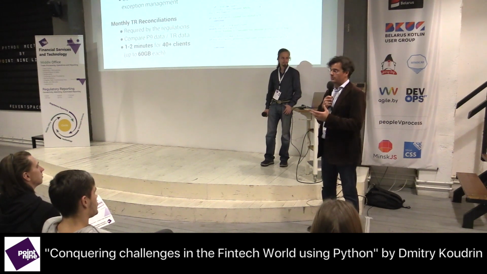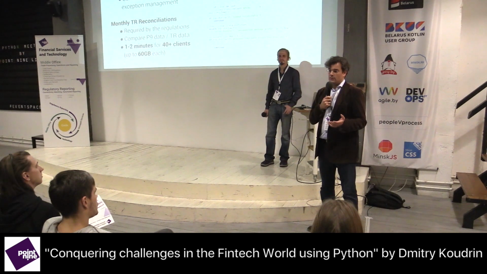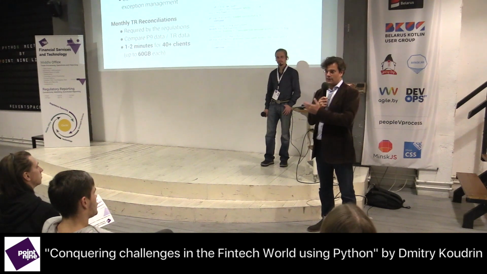And this makes it possible for us to do all this reg processing with just 4 people, which other companies cannot do. Other companies have huge teams sitting there processing all the exceptions, and we've managed by using Python, by leveraging all the flexibility in Python to actually address all these things.